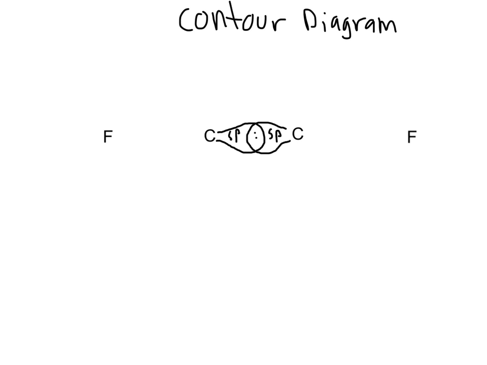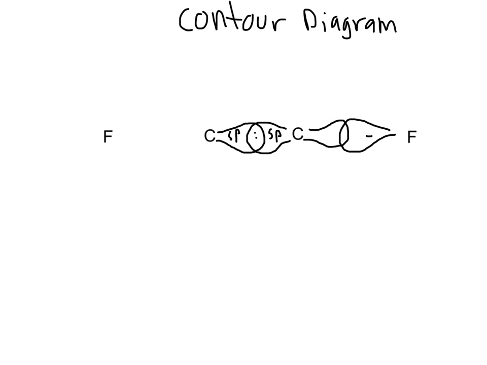And I'm just going to write the sigma bonds for now, and then we're going to do the pi bonds. So from the carbon and the fluorine, there was also a sigma bond coming out again on this side. And then the fluorine's 2p orbital, which was the one empty valence electron that could bond, it's now going to bond with this sp one, and it's going to overlap as well.